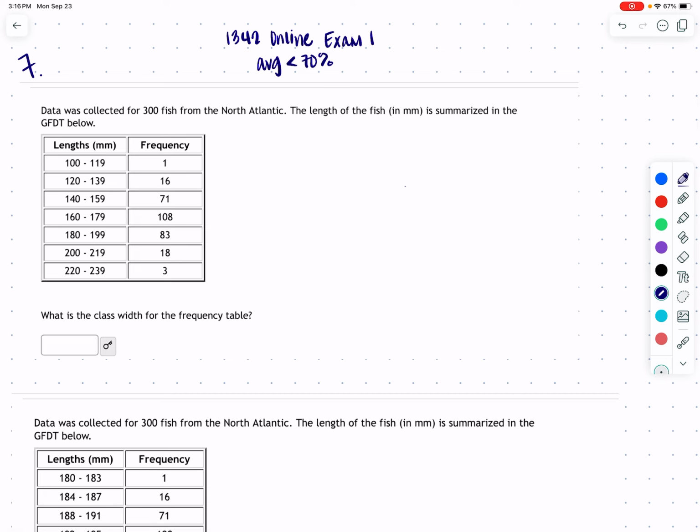7 said the data was collected for 300 fish from the North Atlantic. The length of the fish in millimeters is summarized in the table. What is the class width?